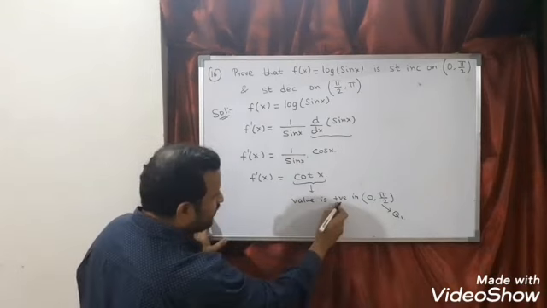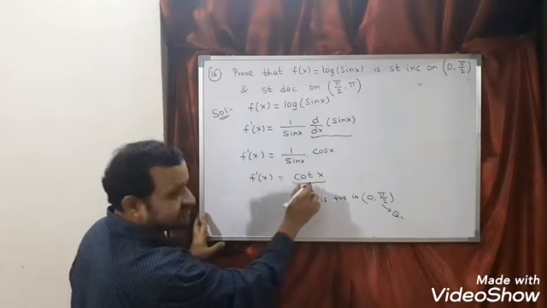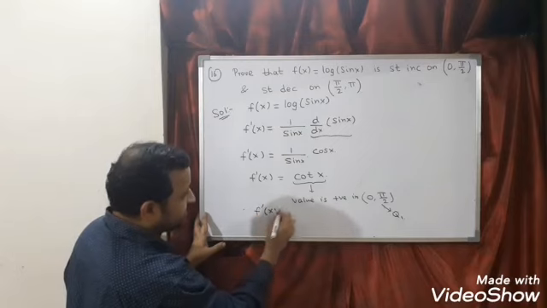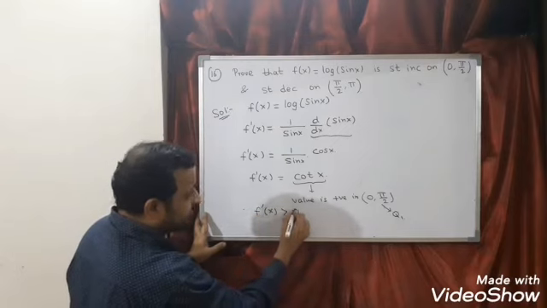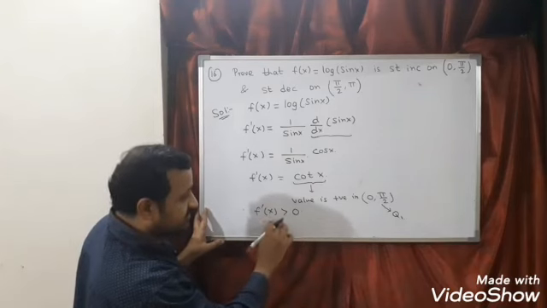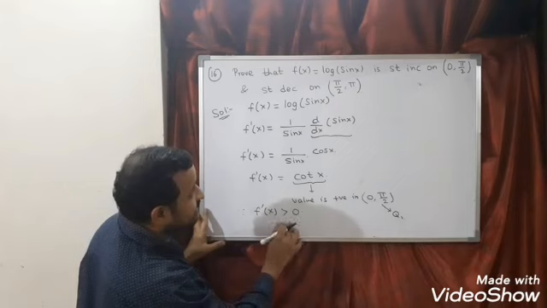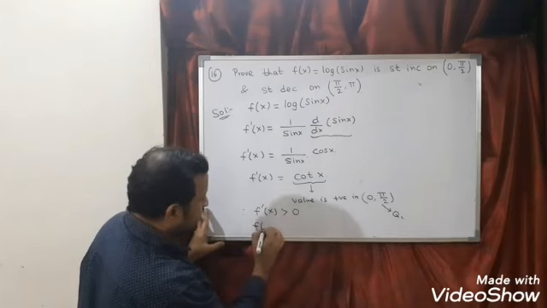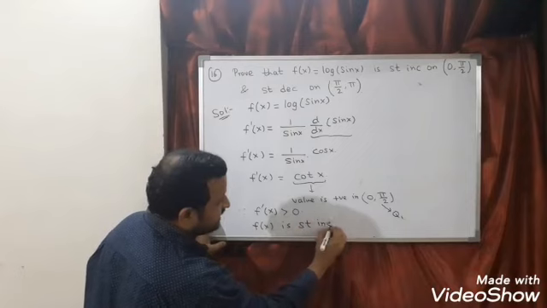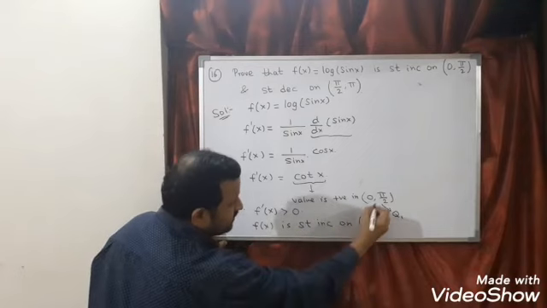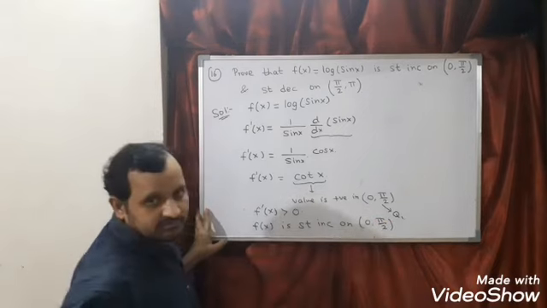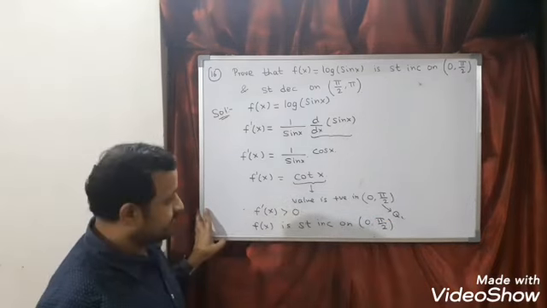So f dash x value is positive. Since f dash x is positive, is this the condition for increasing or not? So from this we can say f of x is strictly increasing on 0 comma pi by 2. So it is similar to the previous one. I think it is clear.